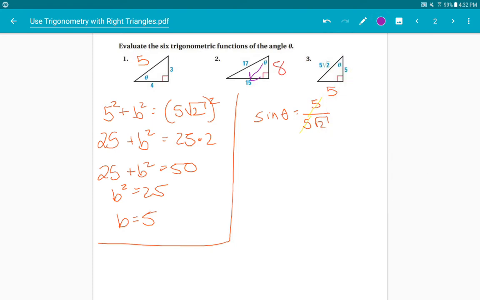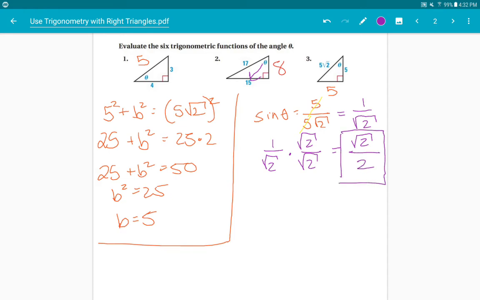And that's going to leave me with 1 over radical 2. How do I rationalize the denominator here? I take this 1 over radical 2 and I multiply it by radical 2 over radical 2. That's going to give me radical 2 in the numerator, and in my denominator I'm just going to get a positive 2. So my sine theta is radical 2 over 2.